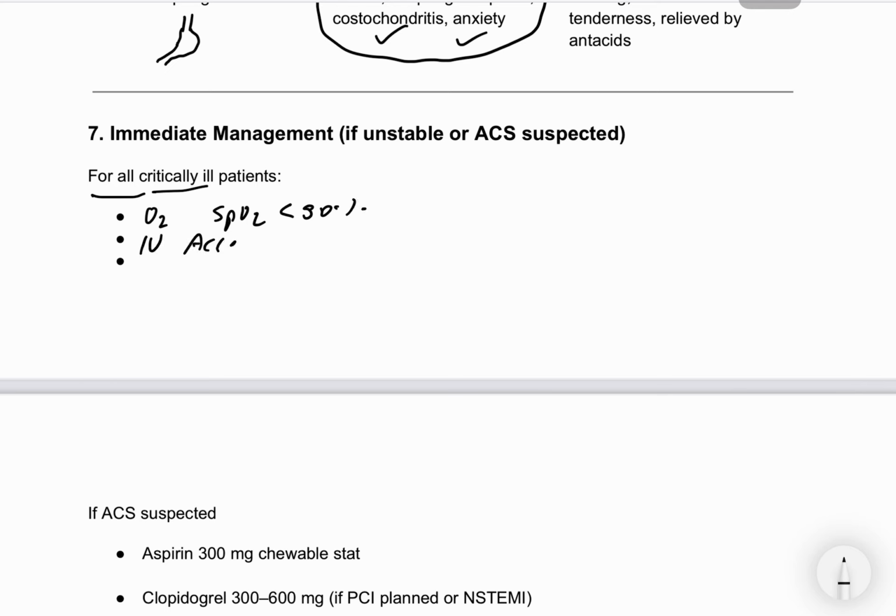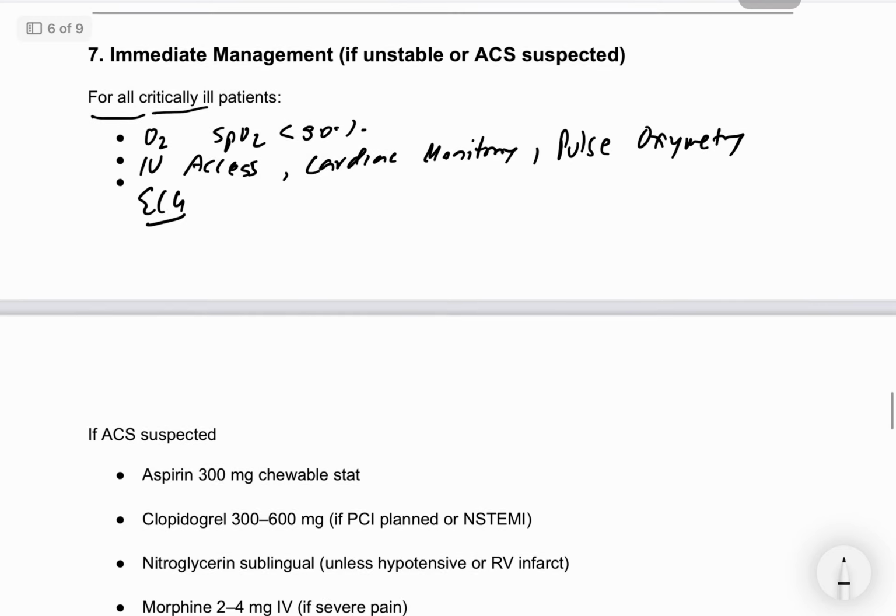Always have IV access, as it's needed to push any medication we need. Cardiac monitoring, pulse oximetry, ECG monitoring, these are very important. If a patient has chest pain and is ill, we have to do these first.